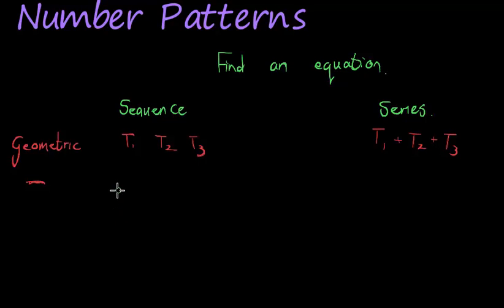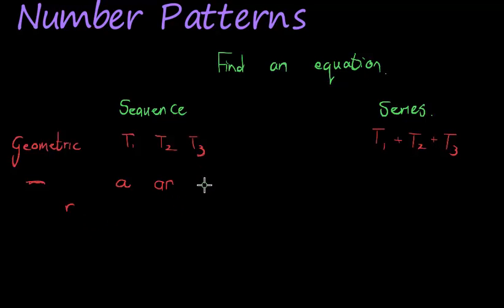with consecutive terms. So if my first term is still just A, or alpha, my second term would be multiplied with a constant number every time. So the second term would be, if I'm multiplying with the value R, what would the second term be? If I multiply with R, it would be AR.